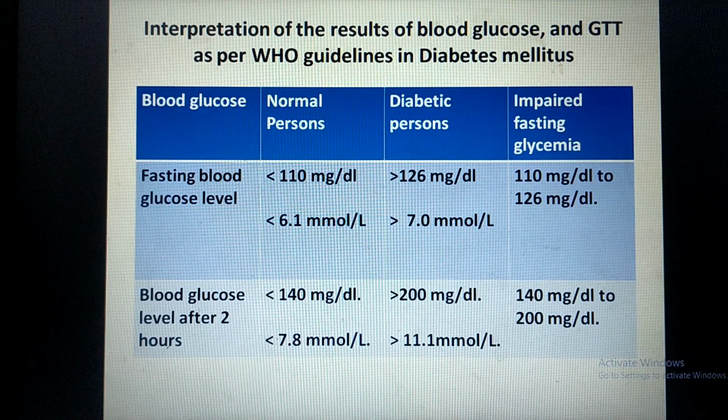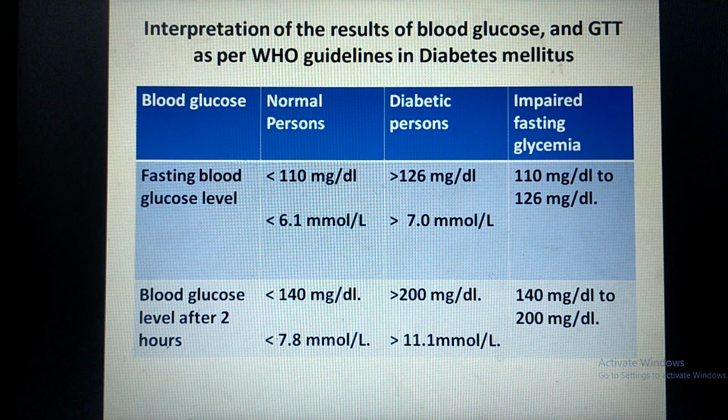Now after performing the test, this is the interpretation of blood glucose level according to WHO guidelines. If the fasting blood glucose level is less than 110 mg per deciliter, then that person is normal. In diabetic persons, the fasting blood glucose level may go above 126 mg per deciliter.